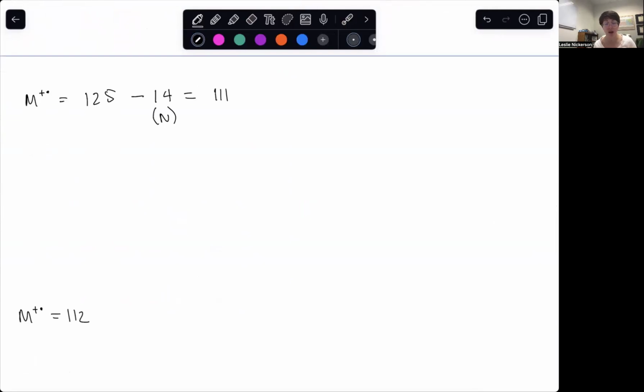Okay, so once I'm at 111, let's see how many carbons I can put in that. Divide by 12, and that is going to equal 9 with 3 remaining. Okay, so if I'm looking at this right now, I've got C9H3N.